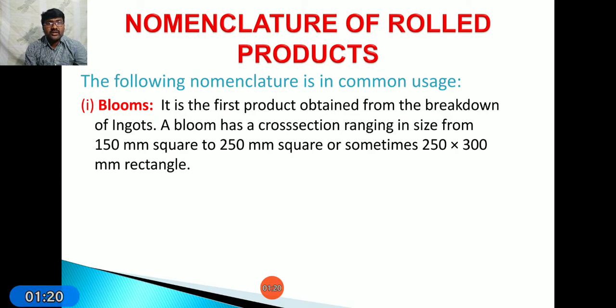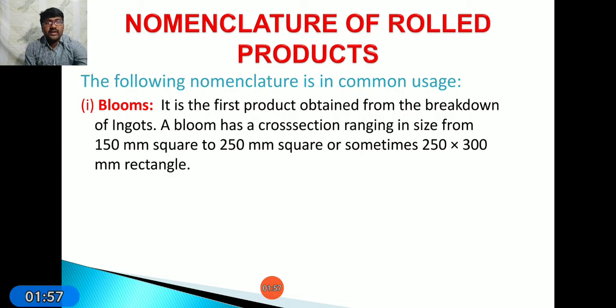The ingots are mainly cut into blooms. The ingots are prepared in steel making industries from iron ore, and from this primary manufacturing process we get the raw material for the metal forming process.